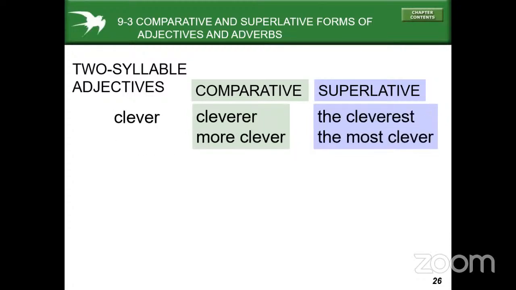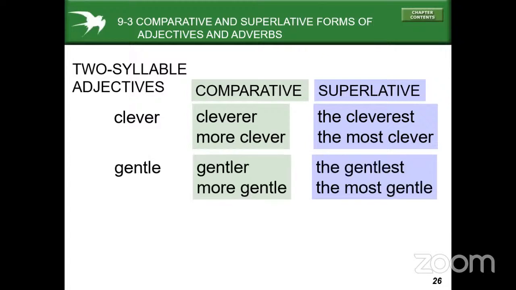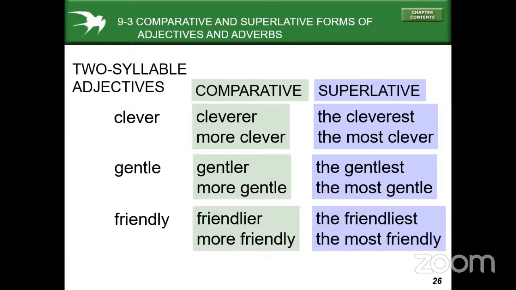So clever is cleverer or the cleverest, clever, more clever, right? Gentler, more gentle. So it's possible to use in that case because it has two syllable comparative. Clever, more clever, more gentle. Also, when we have friendly, right?